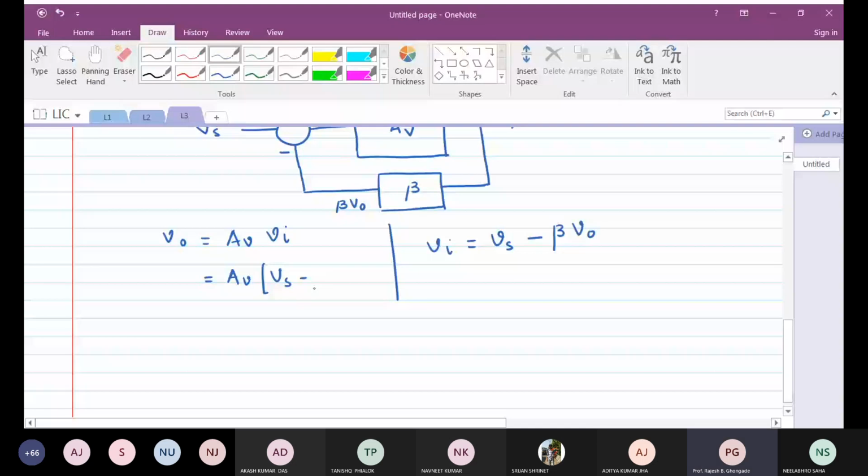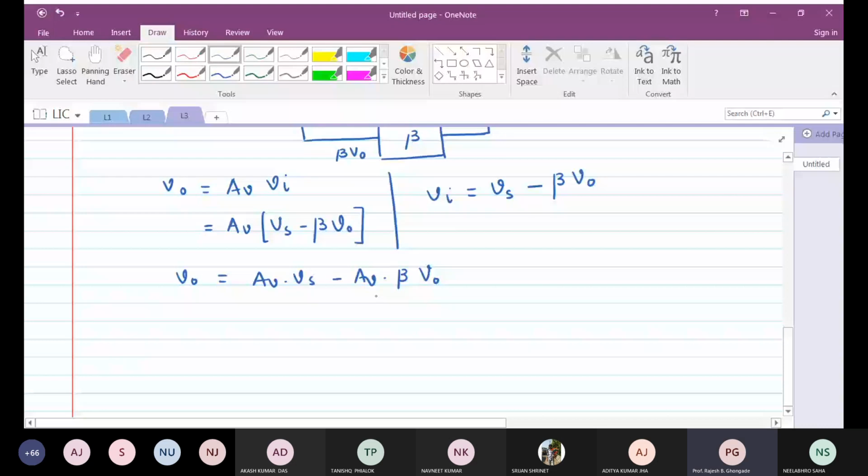If I expand this, I will get AV into Vs minus AV into beta into VO. So if I take the second term to the left hand side, what do I get?